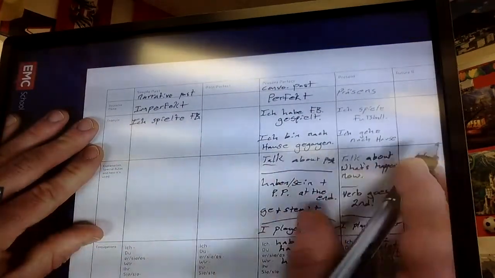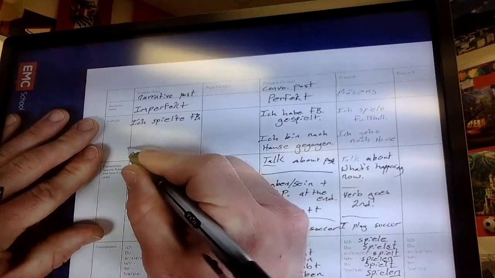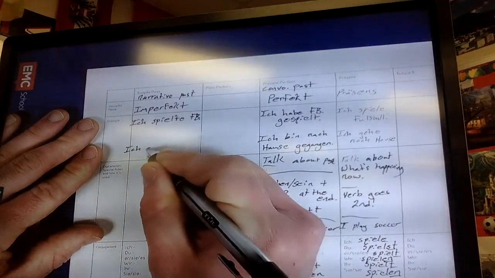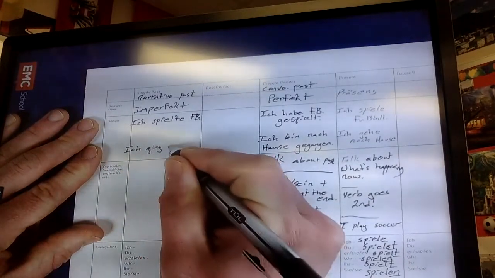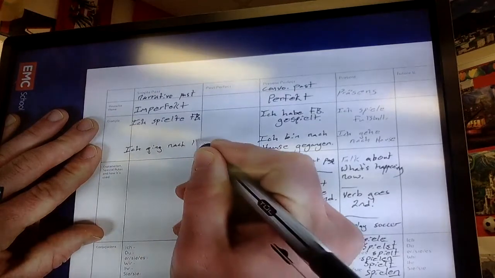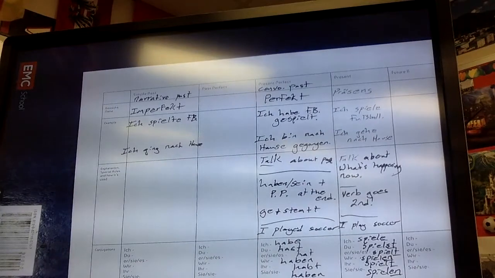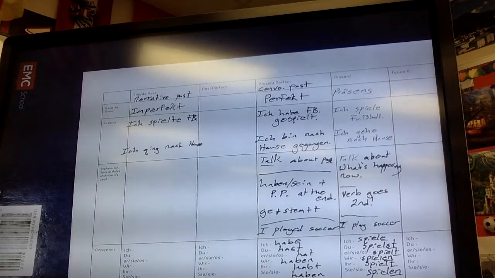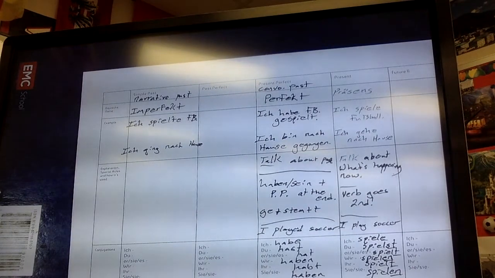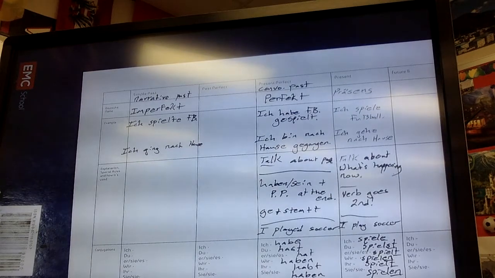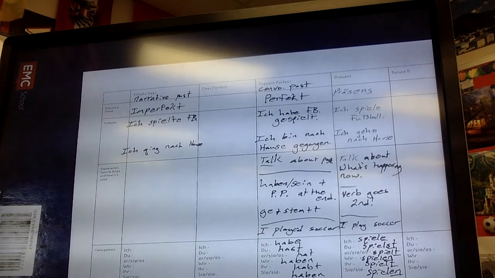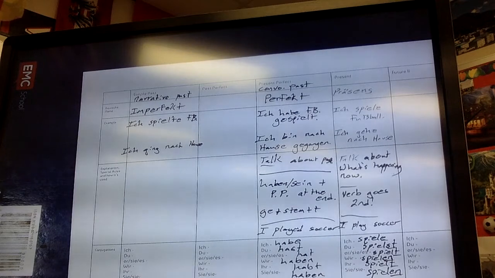And an irregular one like I went home, ich ging nach Hause. So with the imperfect, we typically add t into our verb conjugation.